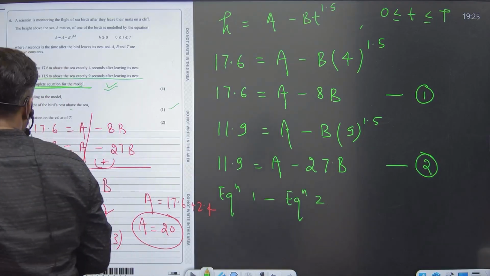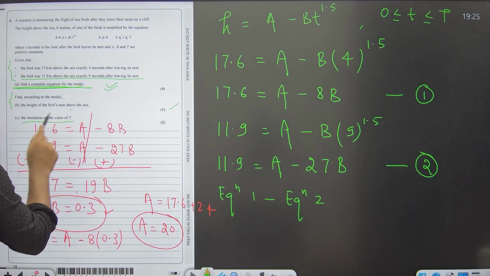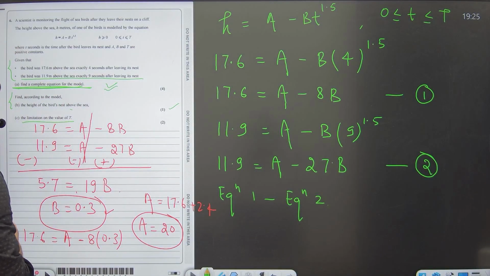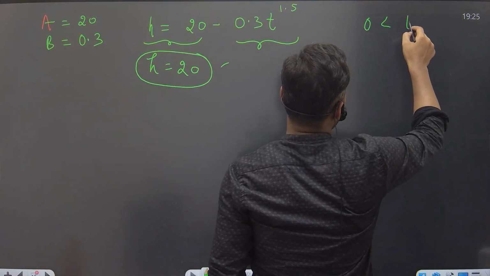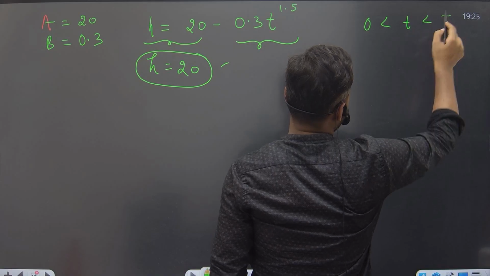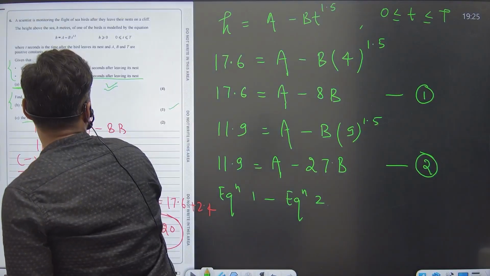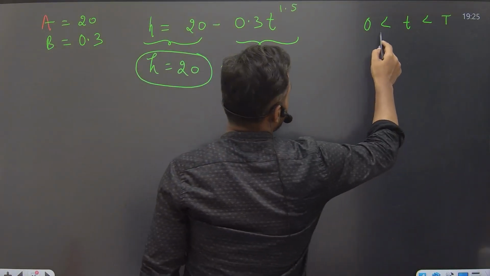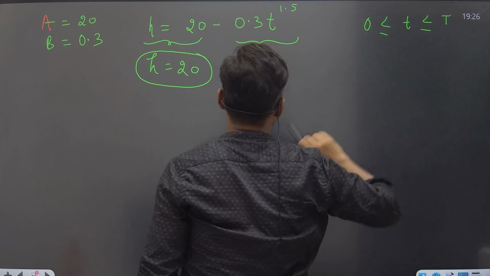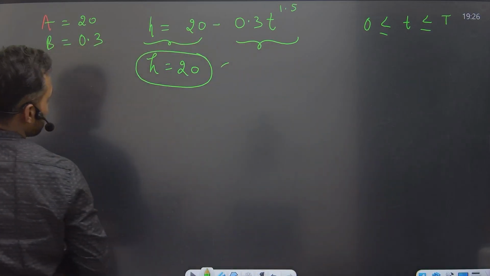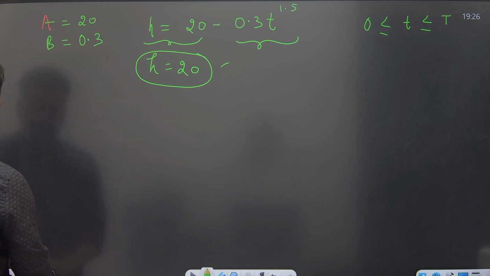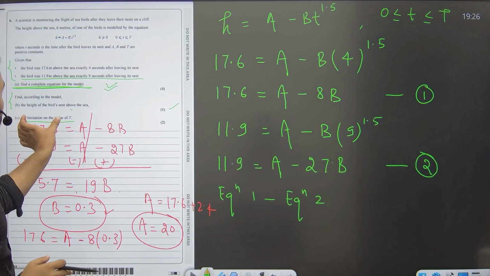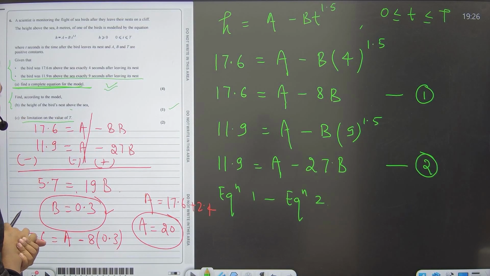Now the limitations on the value of t. It is already mentioned, or this was given, I guess, that 0 is less than or equal to t, and t is lying between these particular values. So for finding the limitations on the value of t, what we need to do?